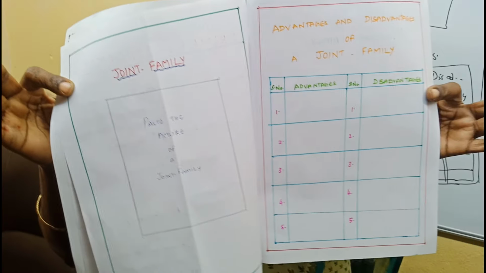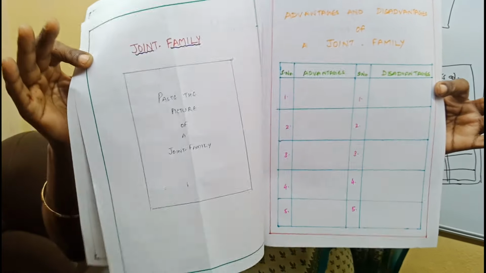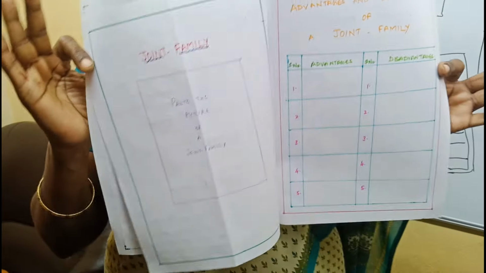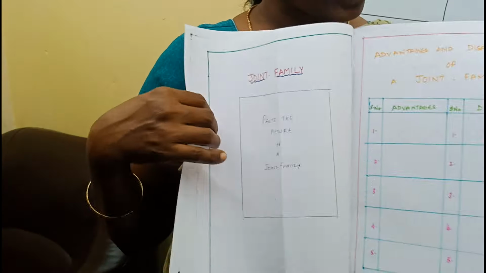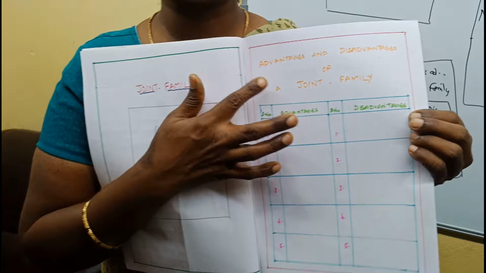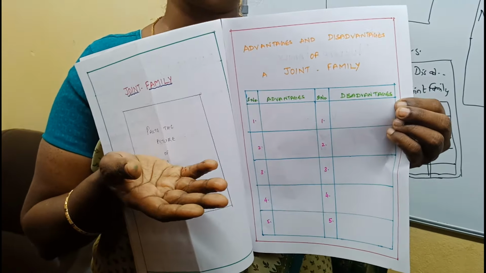Just maintain neatness. Okay, and to make it even more good looking, to make it appear even better, you can just make the edges with the sketches so that it has the outlook of a photograph or a photo frame. Yeah, and then here you make the tabular column. You can give it advantages and disadvantages of joint family, or just joint family is also okay.